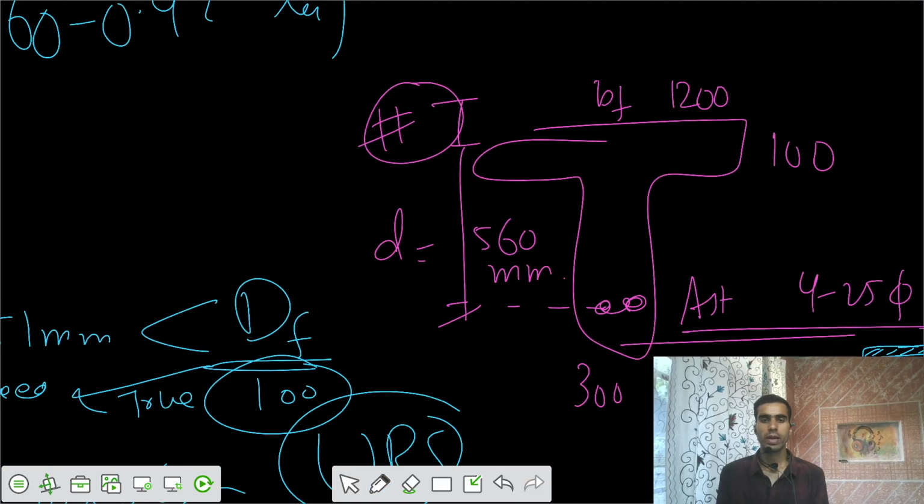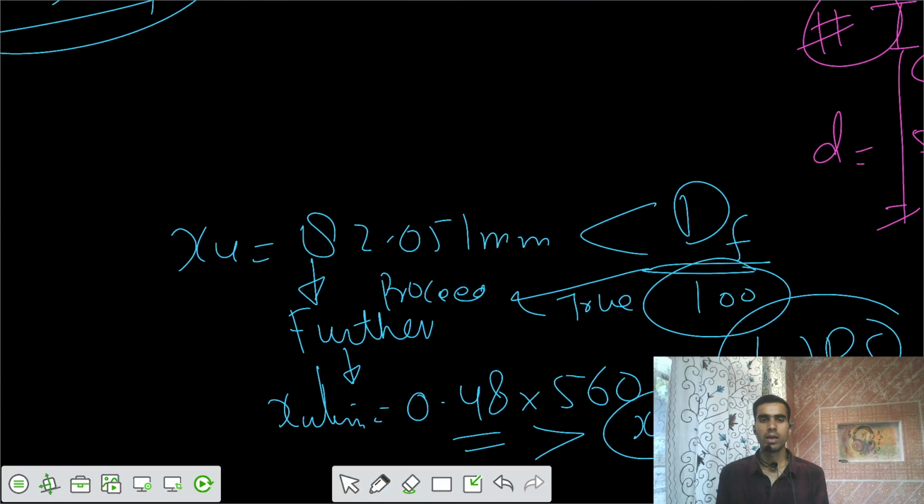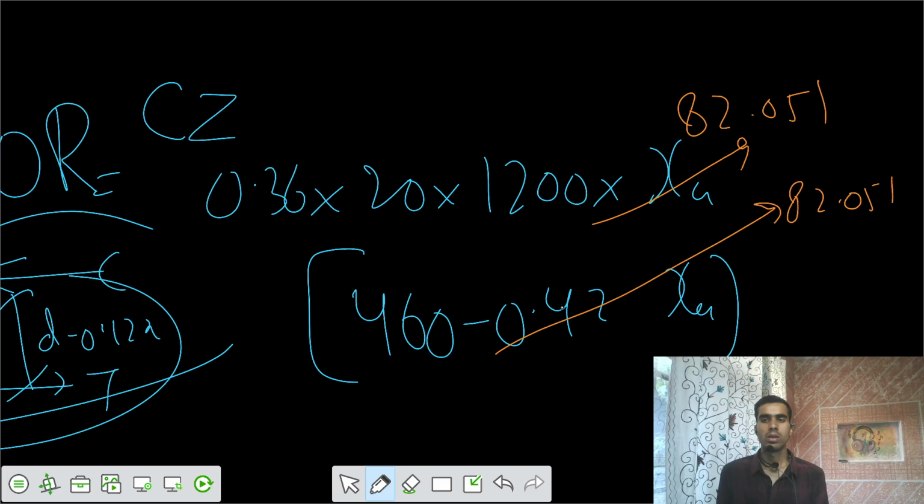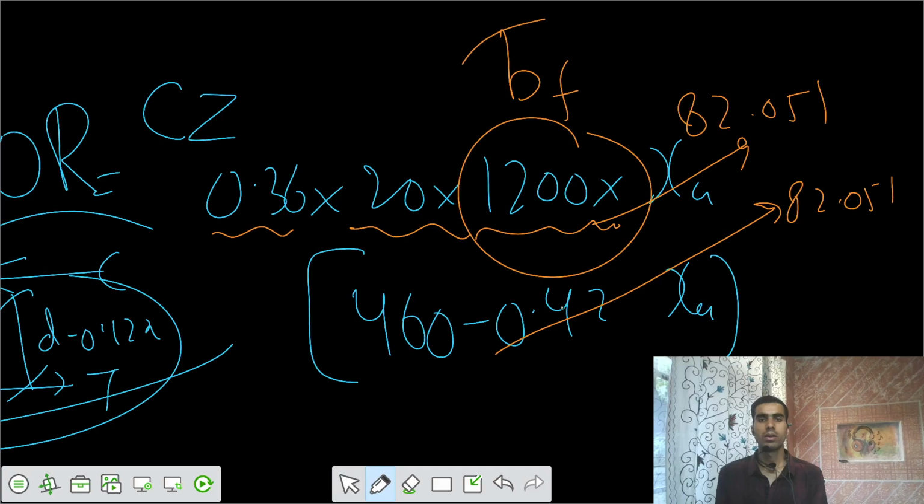Substitute the value of xu as 82.051. So this is 0.36 fck bf xu (d minus 0.42 xu).